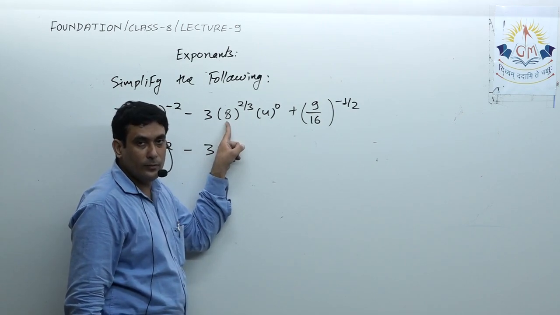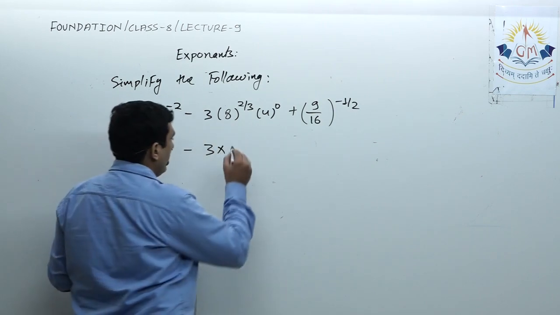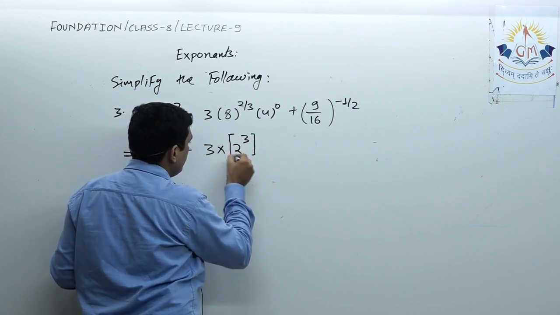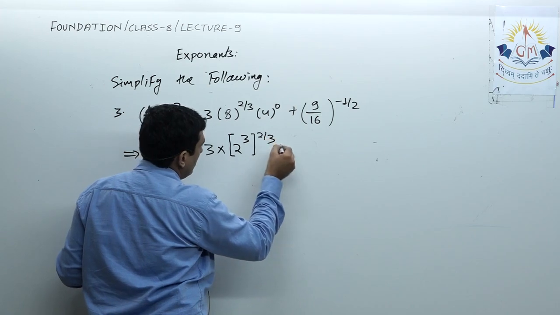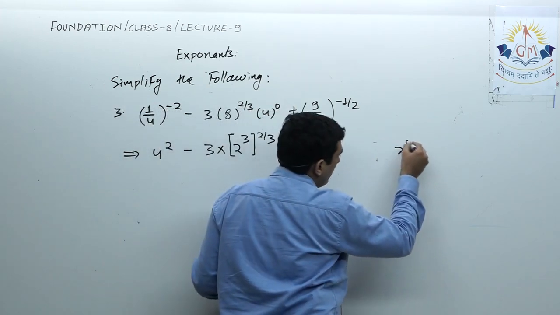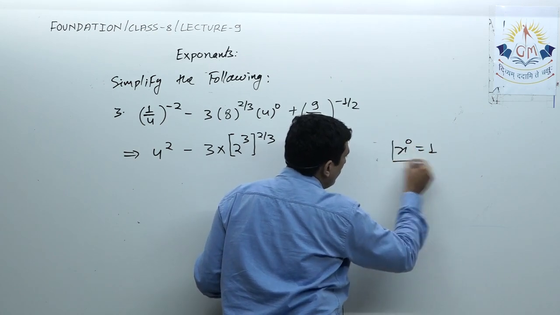Now again the same thing, as the denominator is 3, definitely it is possible to write this base as something raised to 3. So here it is actually 2 raised to 3, 2 by 3. Now 4 raised to 0, there was a result that x raised to 0 is equal to 1.